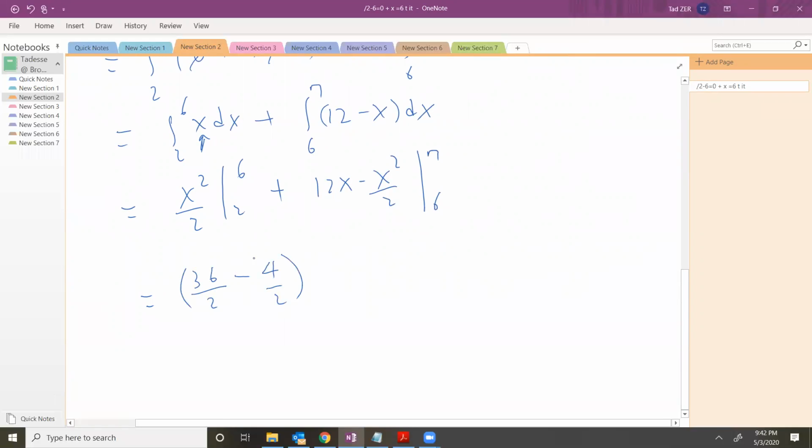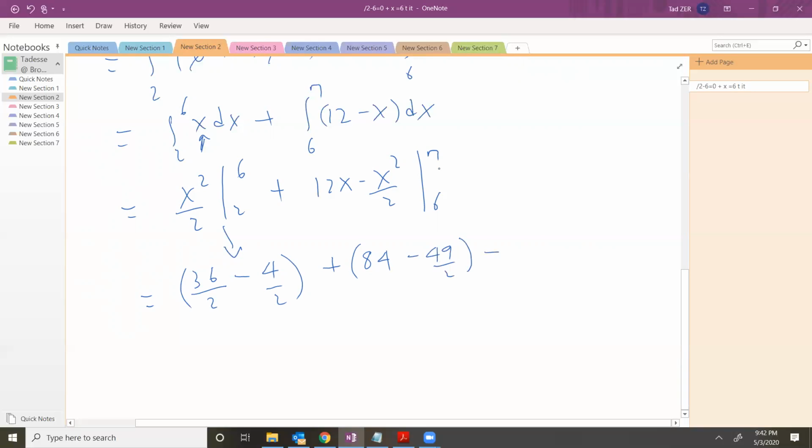So I'm done with the first piece. Plus, at 7, it will be 12 times 7 minus 7 squared divided by 2. So what is 12 times 7? 84 minus 49 over 2.